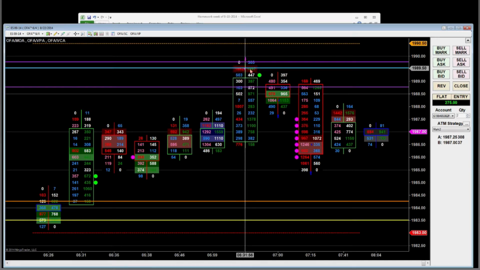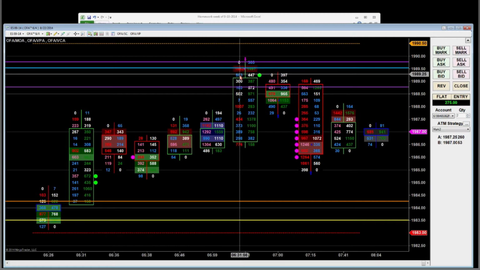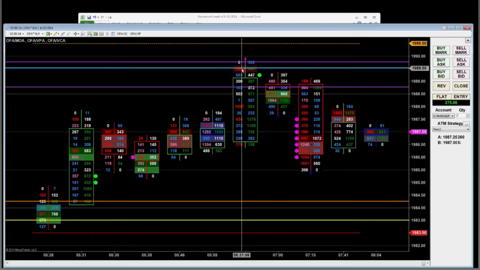So, for example, if price can only tick down one, and pops right back up very quickly, and I can see activity really growing at the bid, even if activity is growing at the offer, every time it's moving down, it pops right back up.